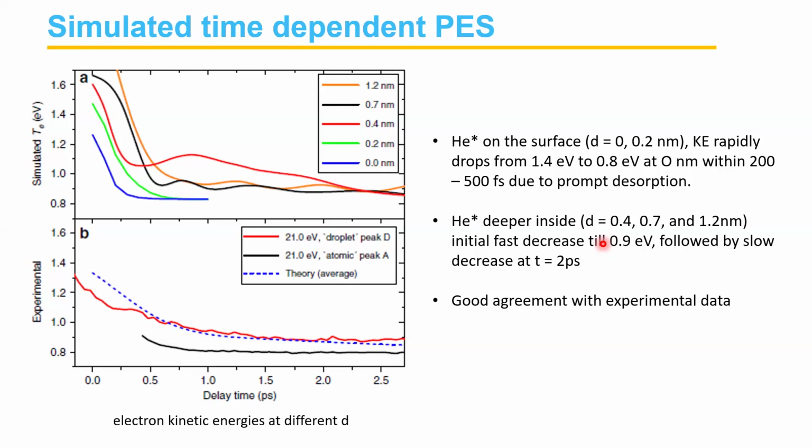In the case of plot B, it represents the theoretical average of what we have discussed in plot A. The red line represents, within the droplet, the peak T at 21 electron volt, and peak A for the atomic singlet atom at 21 electron volt.